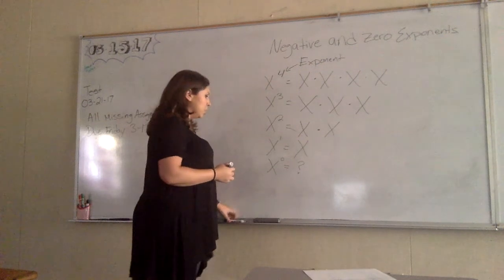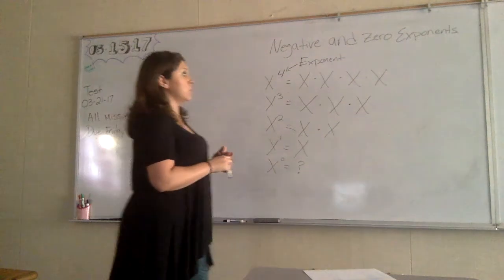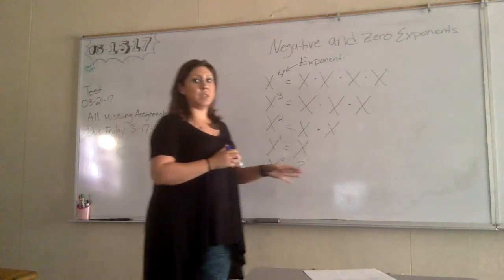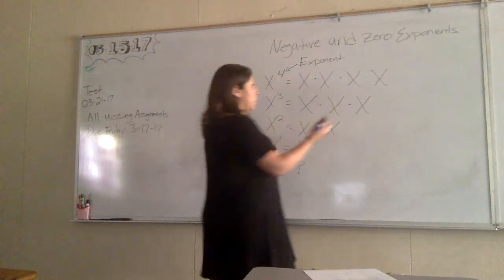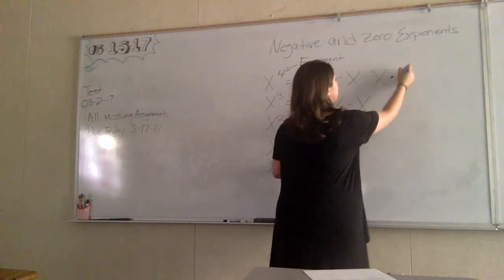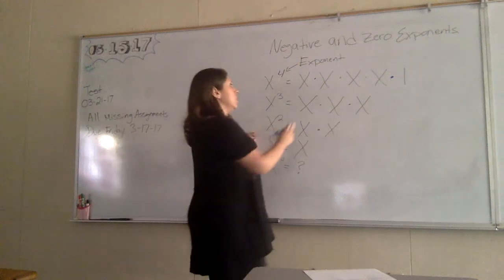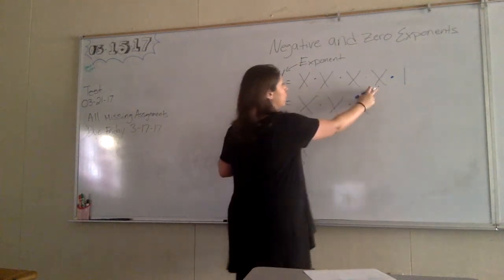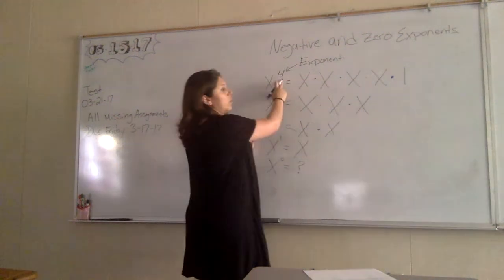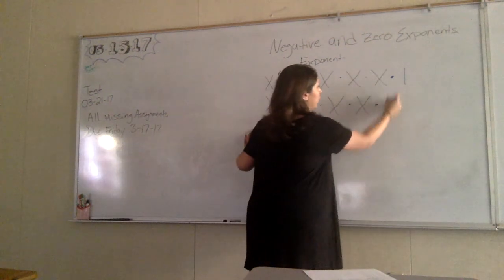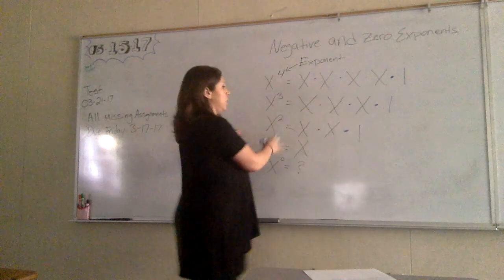Something that you don't see is that each one of these has one thing in common that isn't changing. The reason you can't see it is because it's invisible. I have an invisible 1 at the end of each one of these, because 4 x's times 1 still gives me x to the 4th. If I multiply by 1, I'm not changing anything.